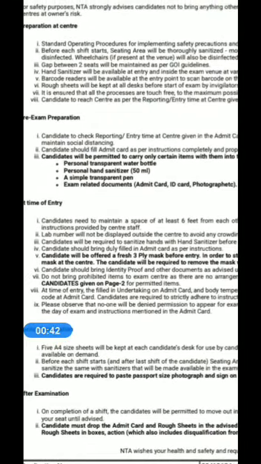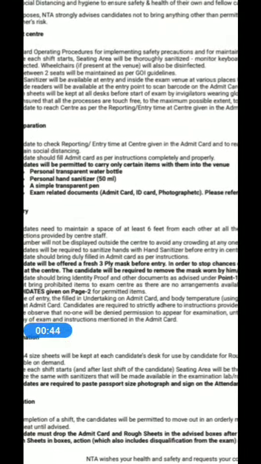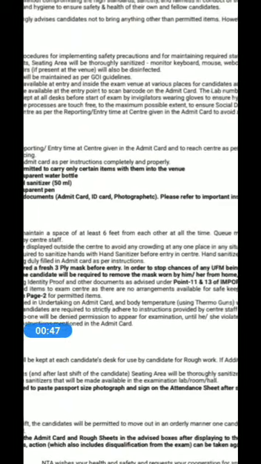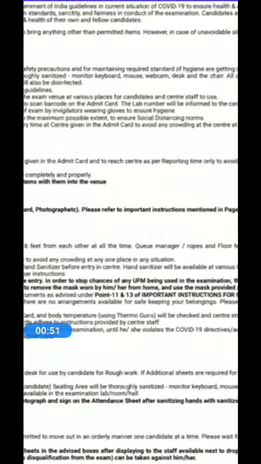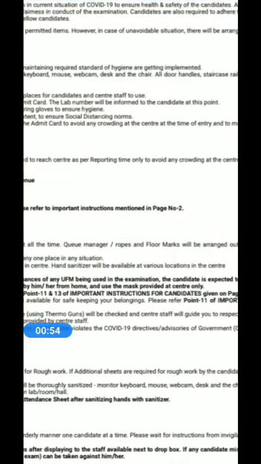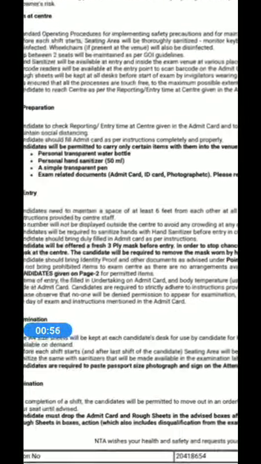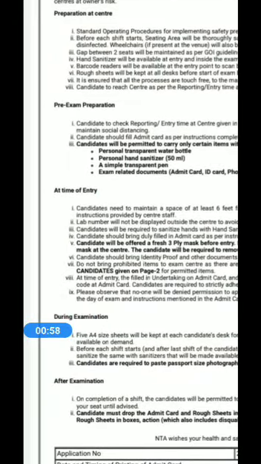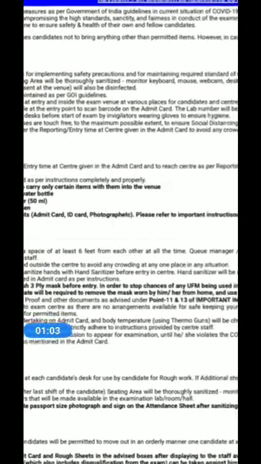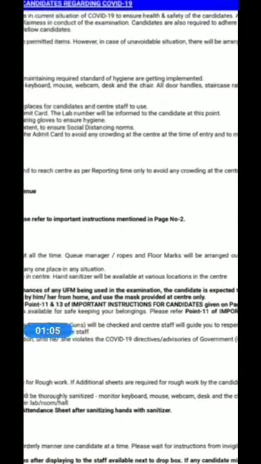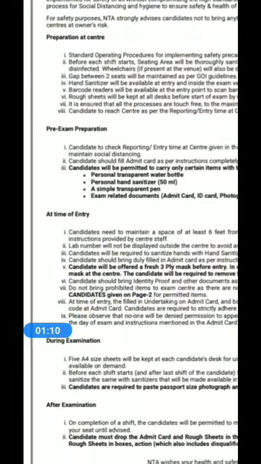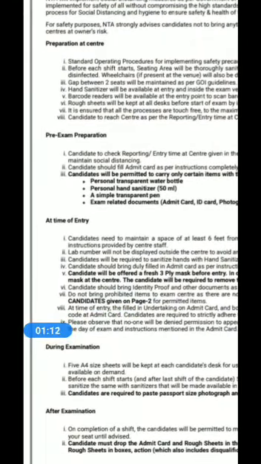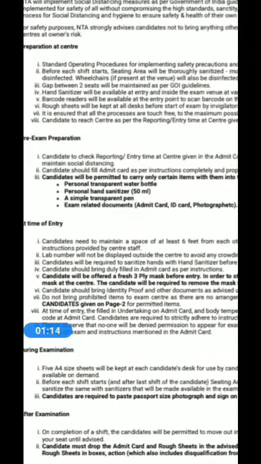The candidate will be required to remove the mask worn from house and use the mask provided at the center only. Fine, so you'll get a fresh mask over there, and you need to wear that mask, the same as during the examination.